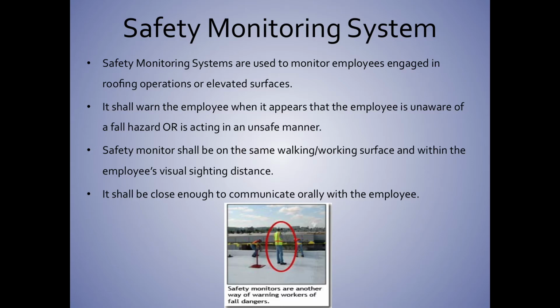The safety monitor shall be on the same walking or working surface and within the employee's visual sight distance. It shall be close enough to communicate orally with the employee.